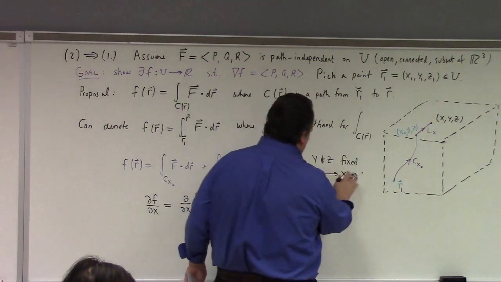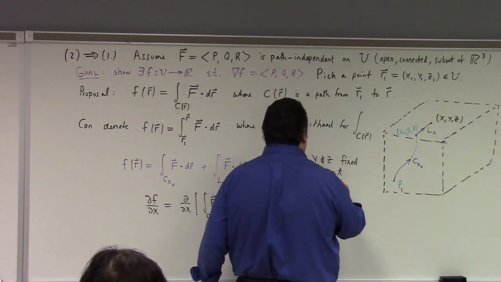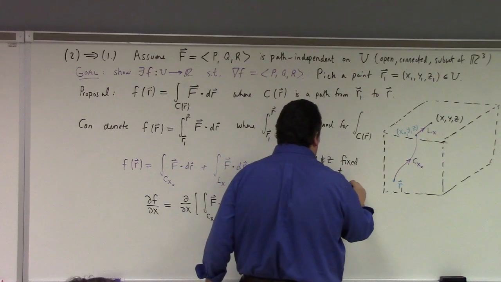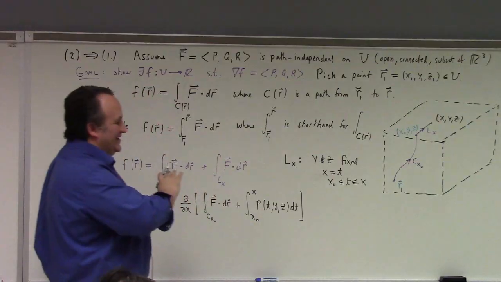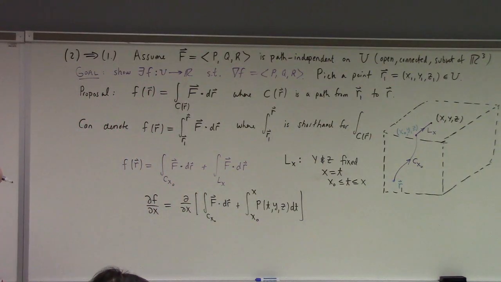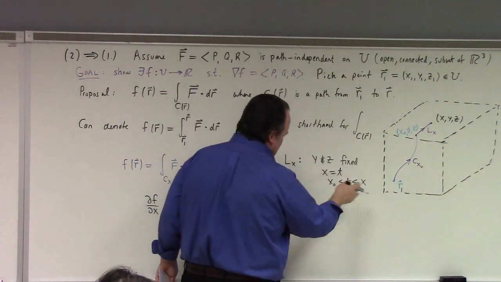So to be more explicit, I have x equals t for x naught less than or equal to t less than or equal to x. I'm sorry, I'm using x both as the fixed point I'm differentiating at and as the varying coordinate.